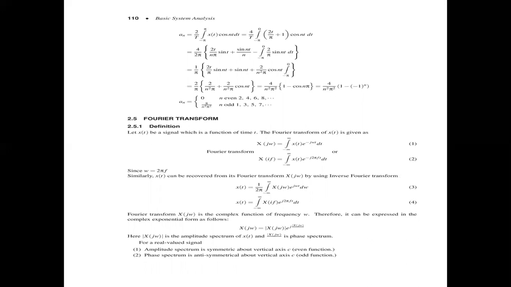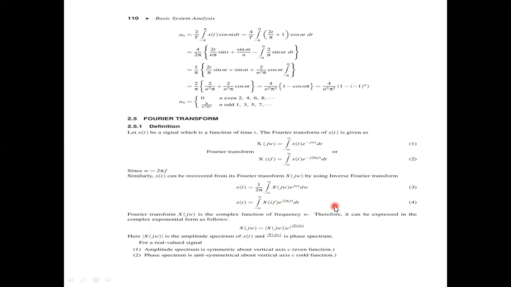If x of t is a signal which is a function of time t, the Fourier transformation of x of t is given as X of j omega, or X of omega, equal to the integral from minus infinity to infinity of x of t e power minus j omega t dt. Or in the normal frequency, X of f is the integral from minus infinity to infinity of x of t e power minus j 2 pi f t dt. Instead of omega, you can keep it as 2 pi f.